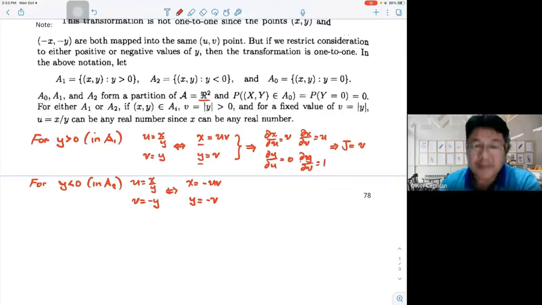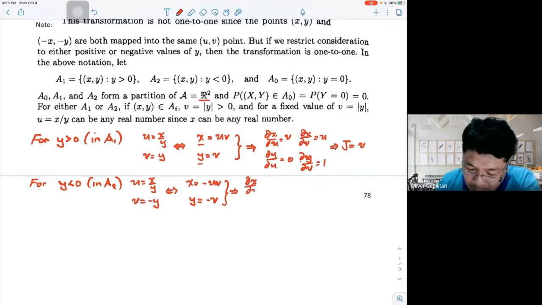This is our x as a function of u and v, and y as a function of u and v. Then we can proceed by determining the Jacobian of our transformation. The partial derivative of x with respect to u would be equal to negative v. The partial derivative of x with respect to v is negative u.